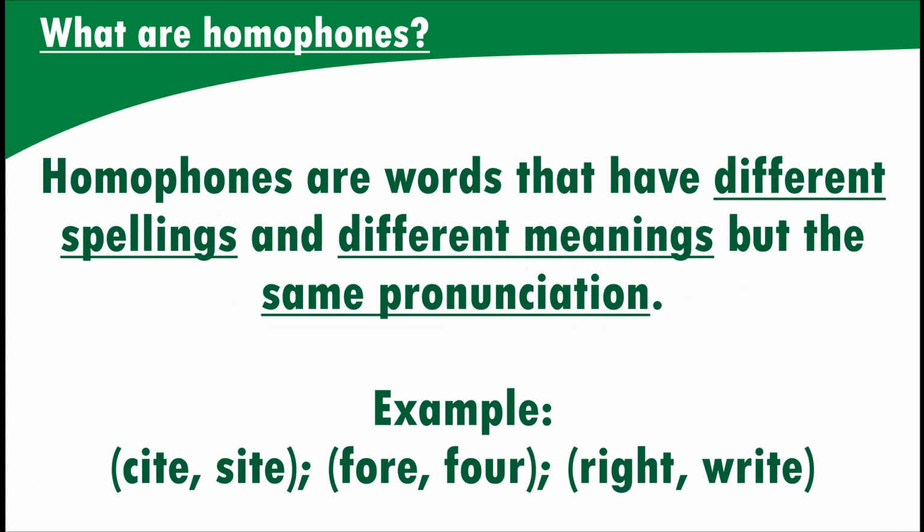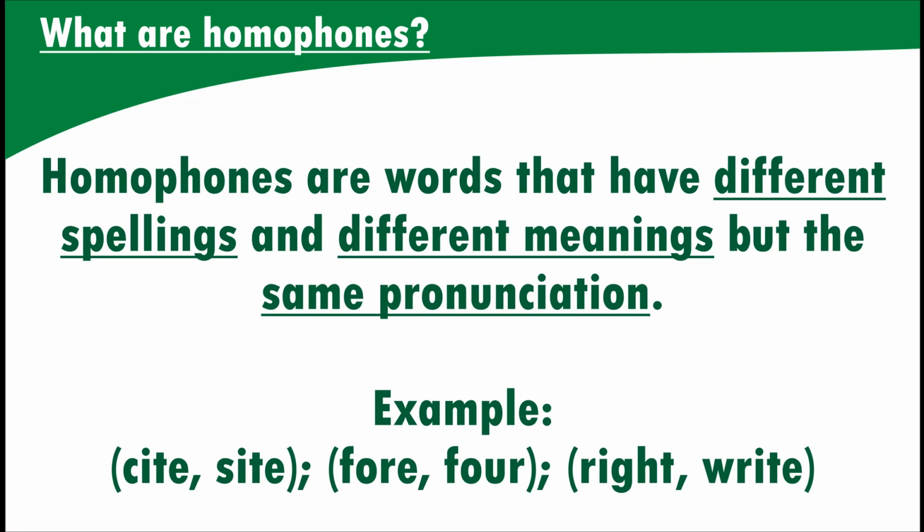In most cases there are two, but sometimes you can have three homophones. They are spelled in different ways, and the meanings are not the same. But one thing that makes them the same is the way we pronounce them. We say them the same way.